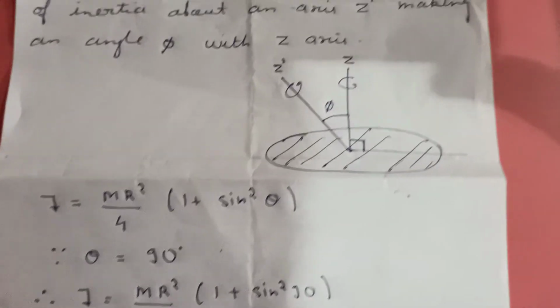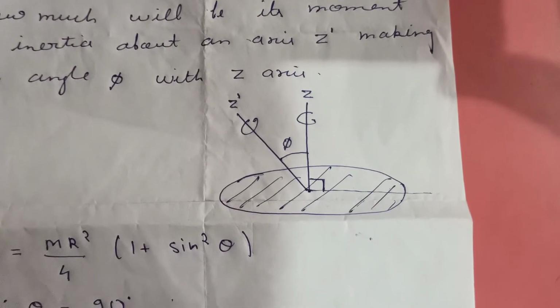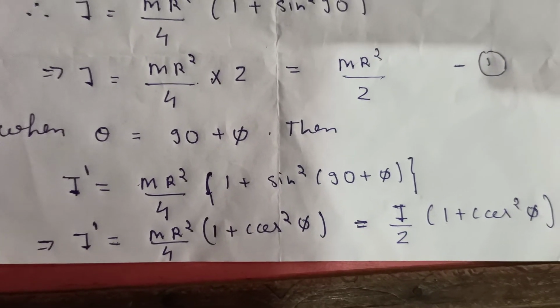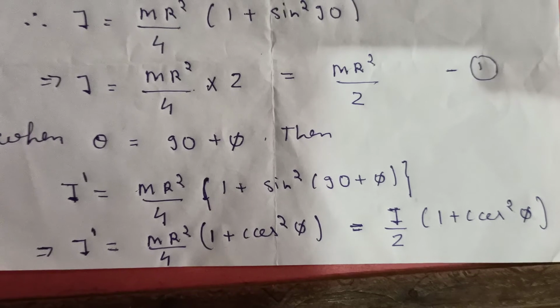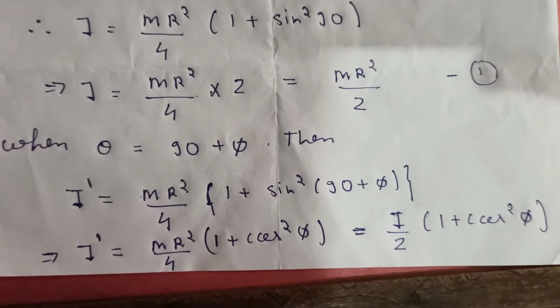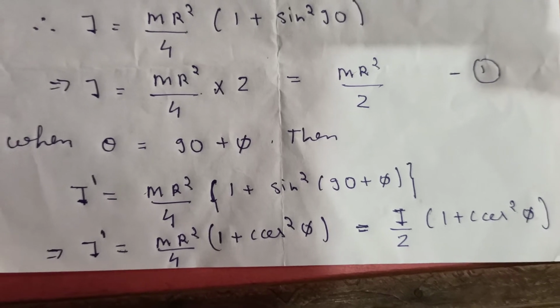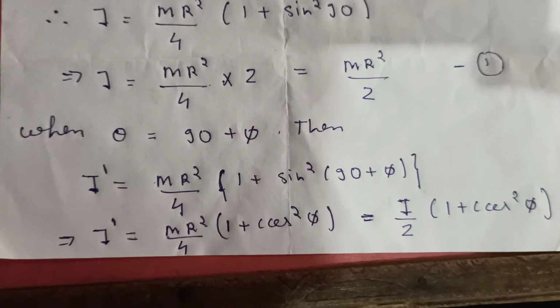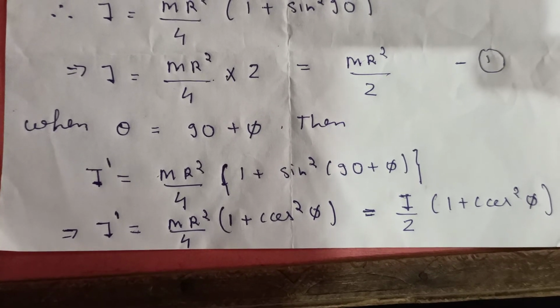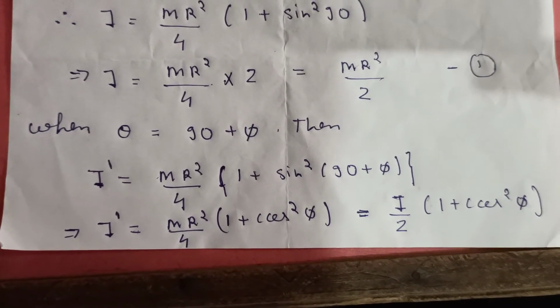So guys, if we calculate about z dash, then our theta will become 90 plus phi. Then I dash will be M R square upon 4 times 1 plus sine square of 90 plus phi. Since sine of 90 plus phi is equal to cos phi, its square will give cos square phi. So the equation is I dash is equal to M R square upon 4 times 1 plus cos square phi.